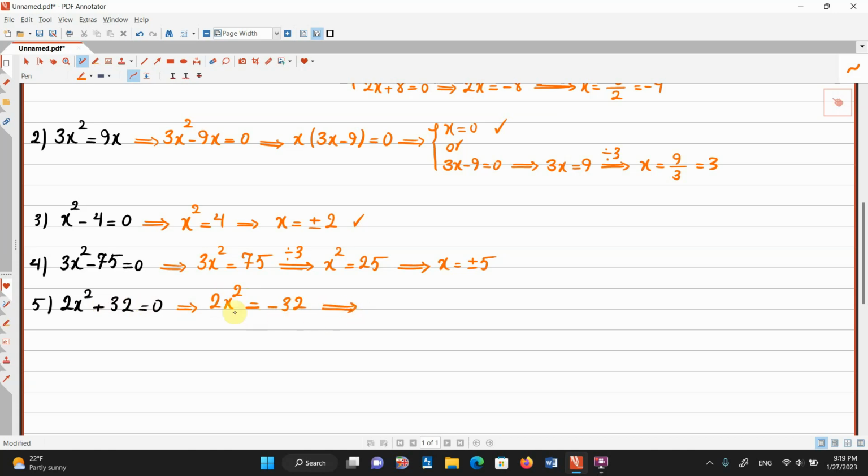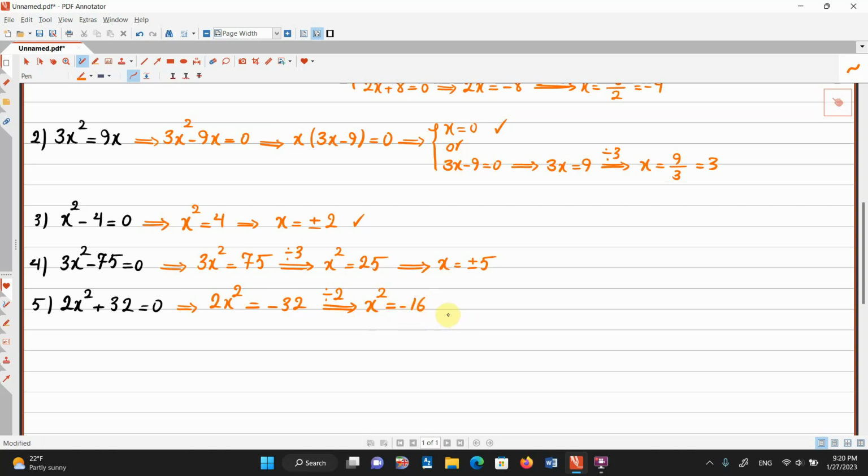And you can say in here x squared is not alone yet, so let us divide both sides by 2. If you divide both sides by 2, you will reach x squared equals negative 16. And in here, the students who are geniuses can say any square is positive. And in here, x squared has become equal to a negative number. That is impossible.